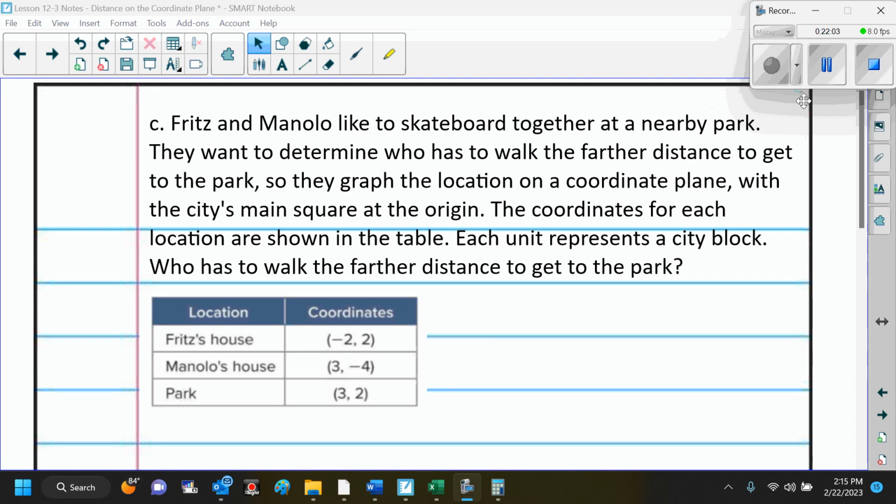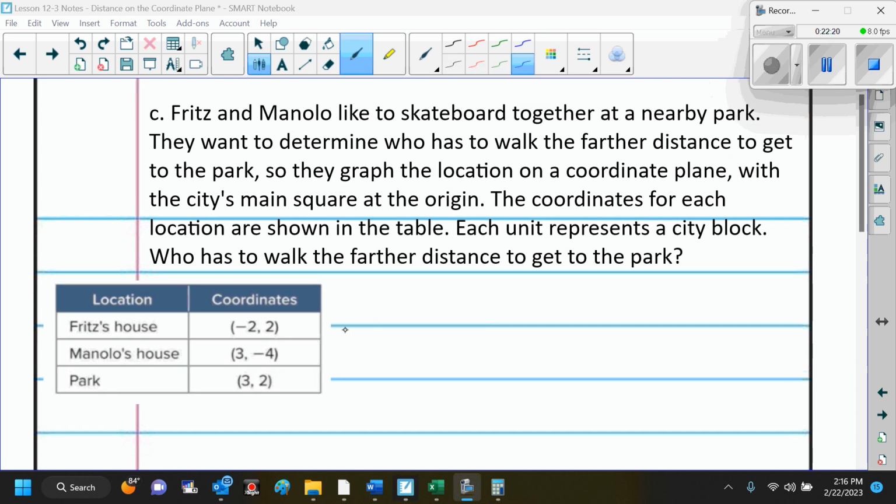So on this one, we have to do two calculations. We need to decide what's the distance from Fritz's house to the park, and then we want to find the distance between Manolo's house and the park. Okay? So let's start with Fritz. So we're going from Fritz's house, so that's F, and that's negative 2, comma 2.